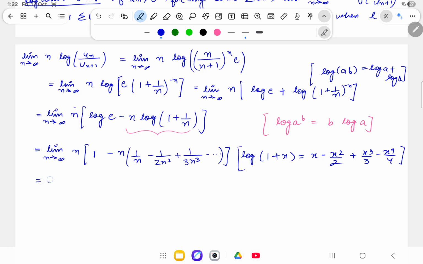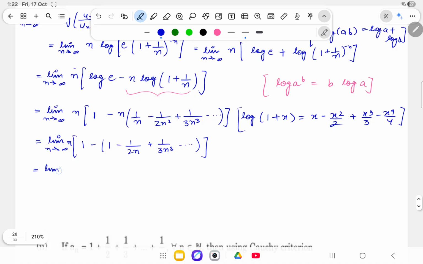And it simplifies to limit n approaches infinity n times 1 minus 1 by 2 n plus 1 by 3 n cube and so on, which is equals to limit n approaches infinity n times 1 minus 1 plus 1 by 2 n minus 1 by 3 n cube plus 1 by 4 n square, plus 1 by 4 n cube and so on.